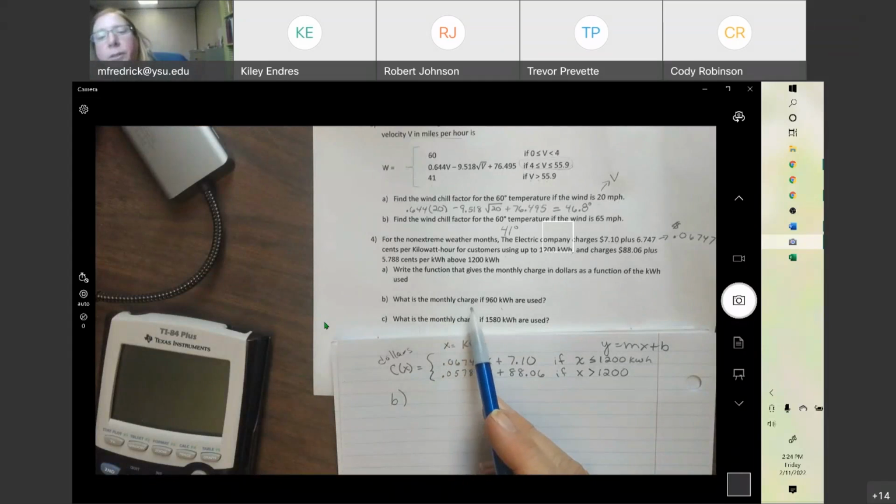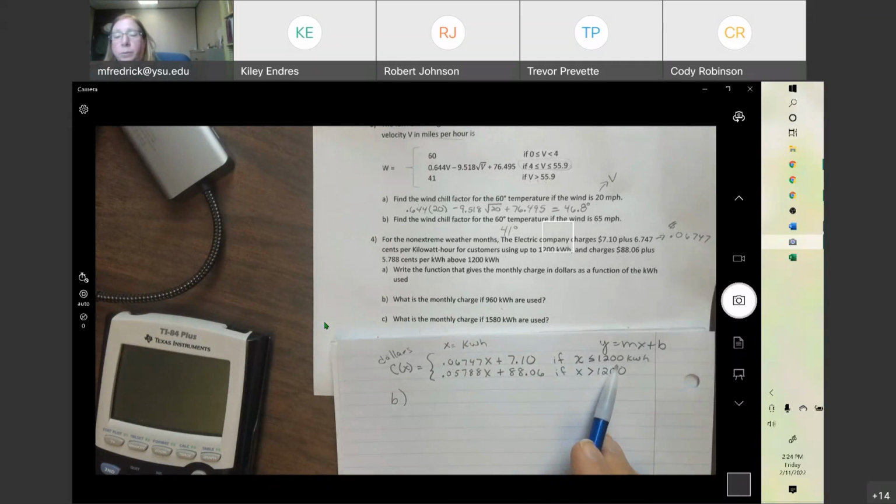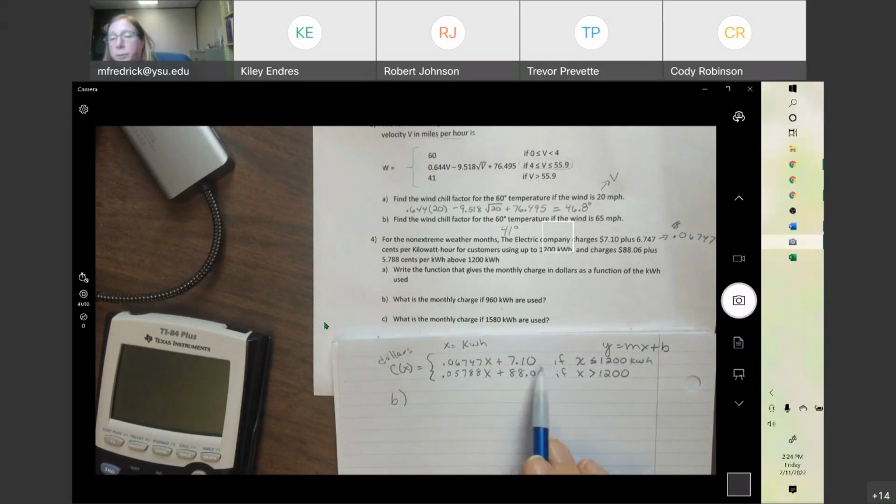What is the monthly charge if 960 kilowatt hours are used? Well, if 960 kilowatt hours are used, that would be in this one because 960 is less than or equal to 1,200. So that would use the first row.